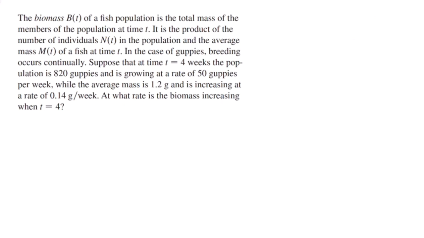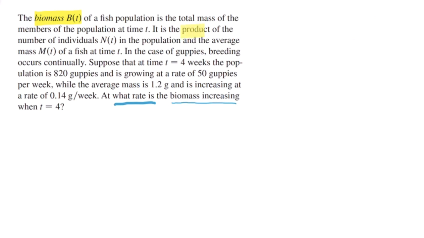Just to highlight a couple things here: the question being asked is, at what rate is the biomass increasing? The rate being the derivative, we need to find the derivative of the biomass. And what is the biomass? The biomass is the total mass of the members of the population.